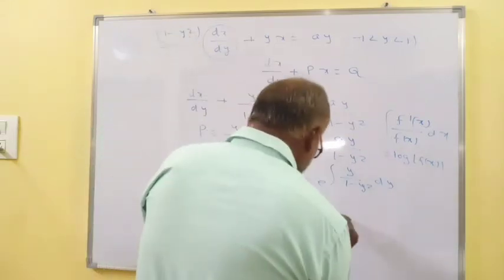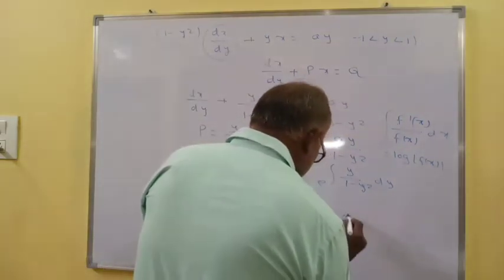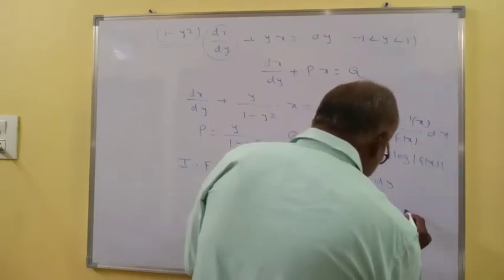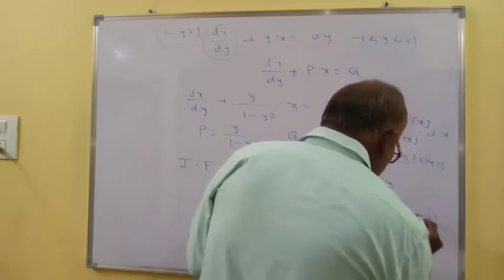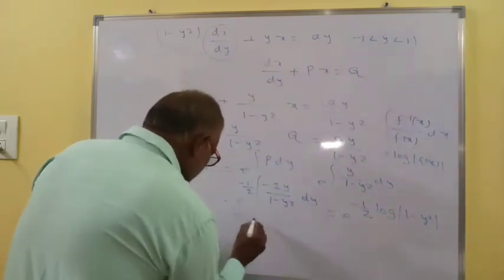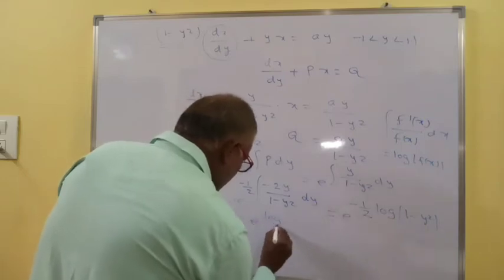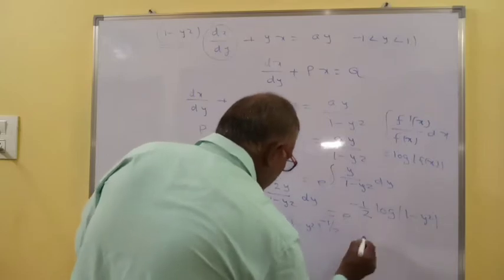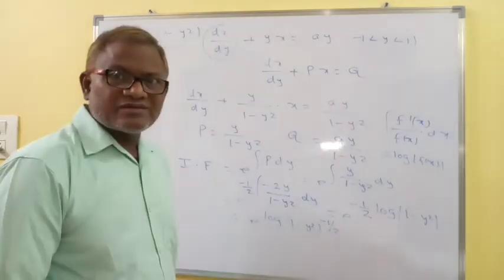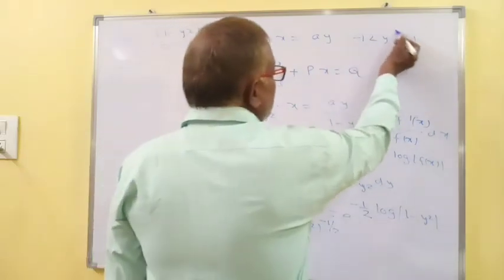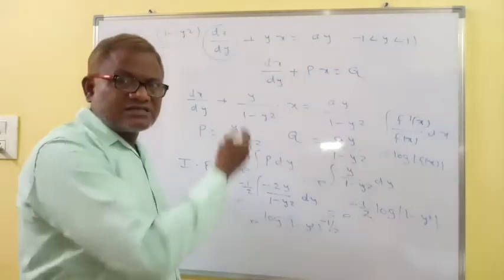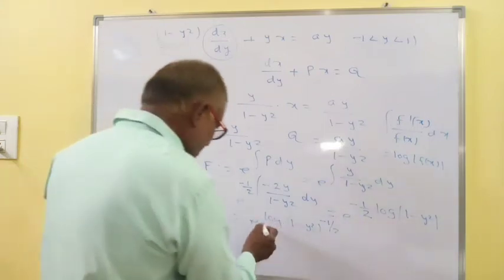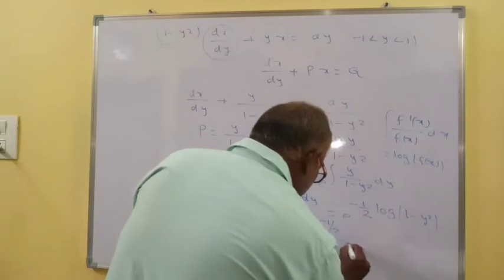So clearly this is nothing but e to the power minus 1/2 log of (1 - y²). So this becomes e to the power log of (1 - y²) whole power minus 1/2. Clearly here the y interval is given, so it should be positive. No need to mention modulus. So e to the power log f(y) is equal to f(y).